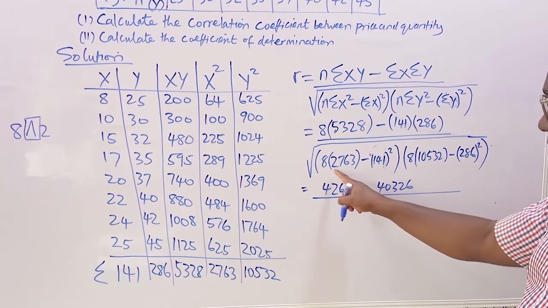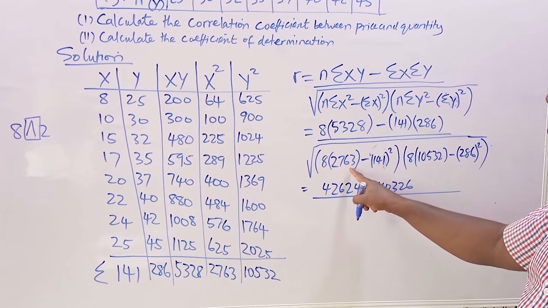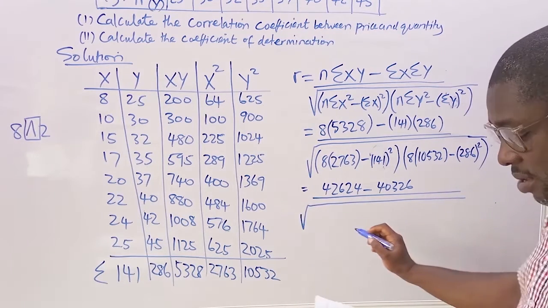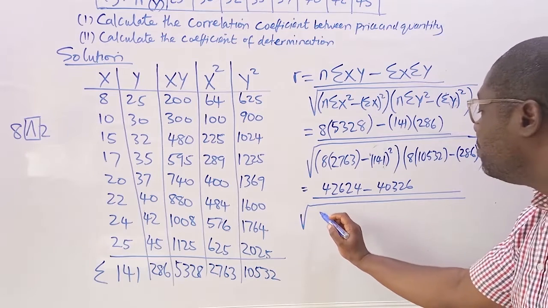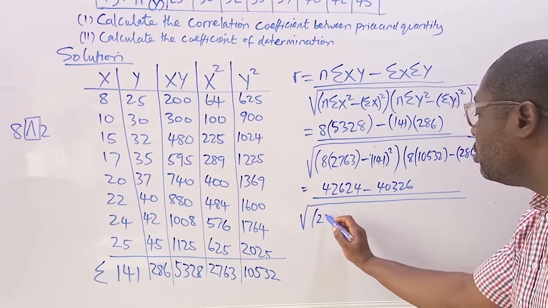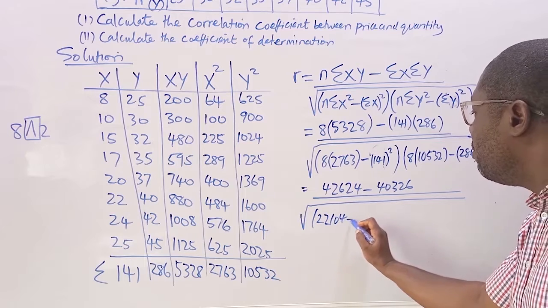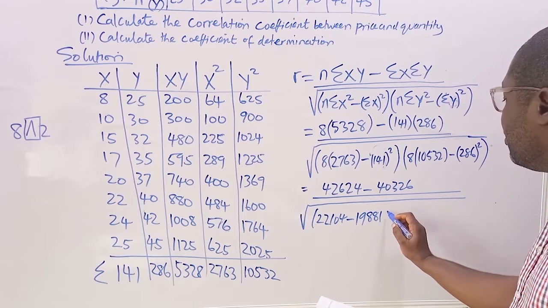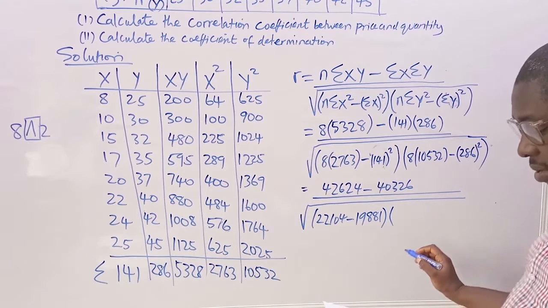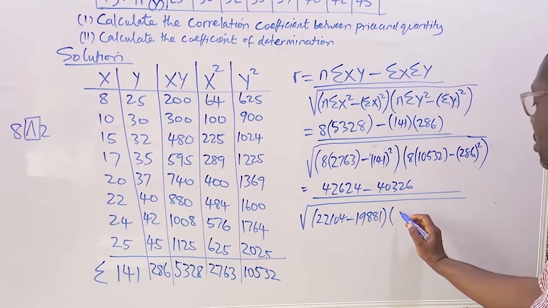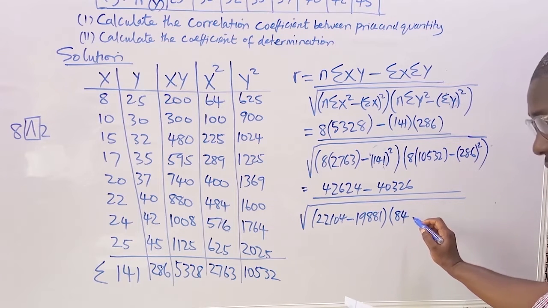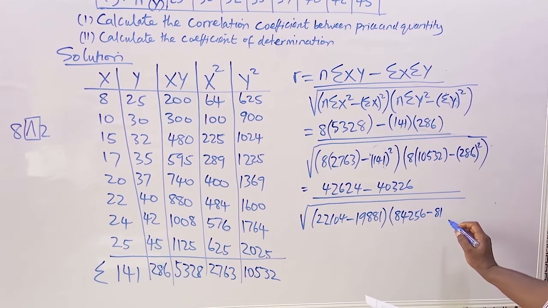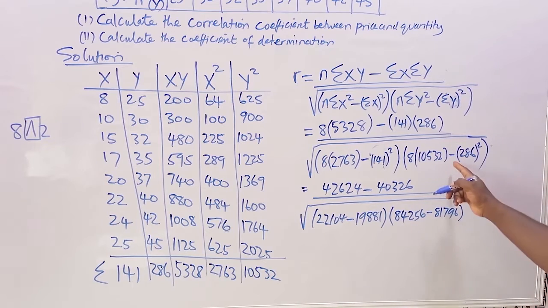When we do 8 times 2,763, what we have is going to be 22,104 minus 19,881, close the brackets, multiplied by, this one will give us 84,256 minus 81,796. So this will give us this.